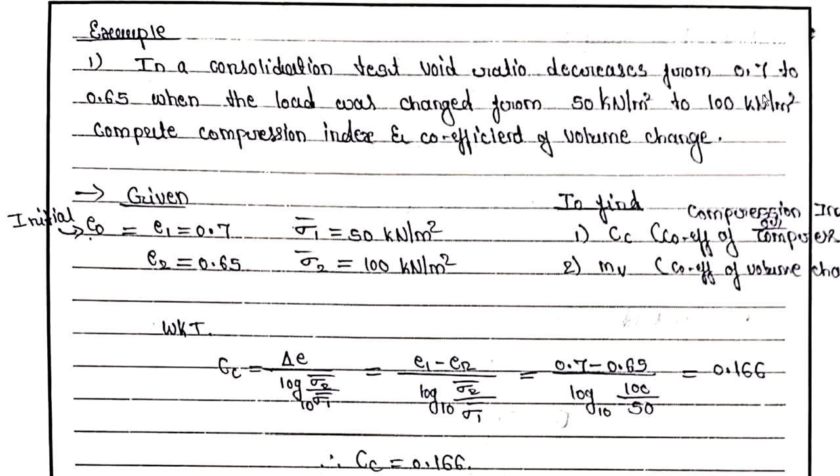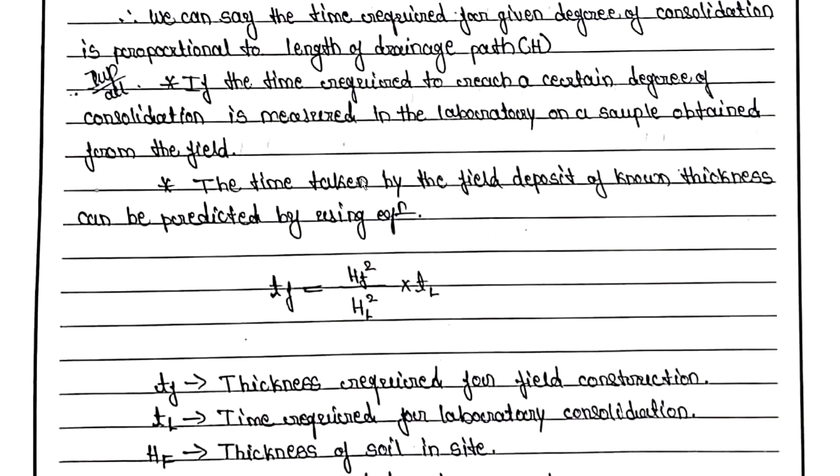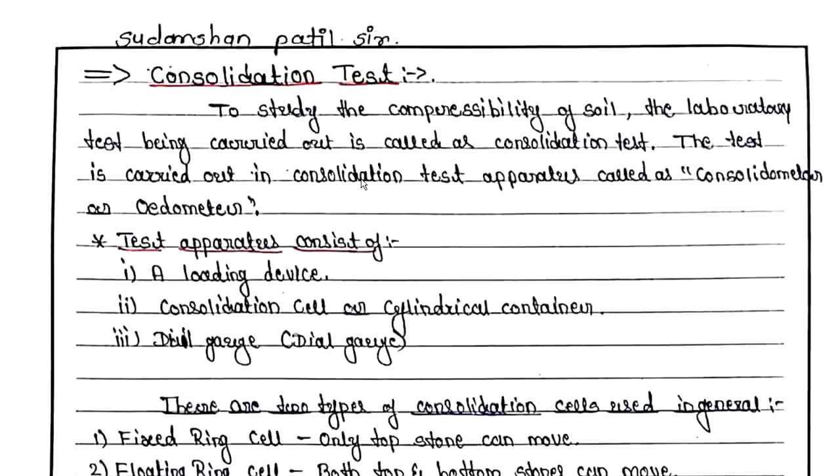That was the final which we have applied. So in this problem, the void ratio decreases from 0.7 to 0.65 when the load was increased. How is it possible? We'll go to this compression curve further.